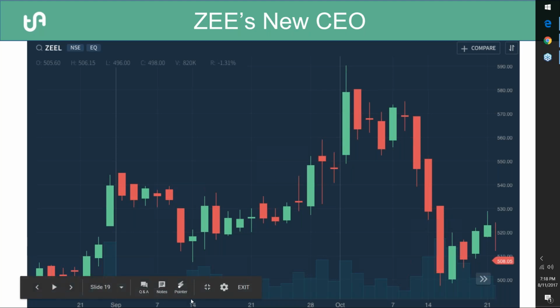Is this a gravity trade, guys? Look at the open and look at the high. It went from 552 all the way to 591. That's basically a 40 rupee jump, right? And we know that the average is maybe 10, not even 10, right?